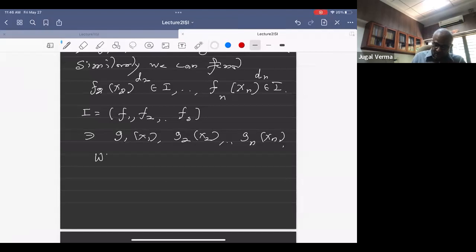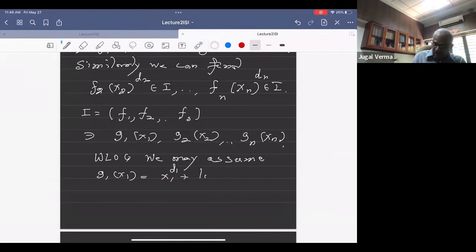So without loss of generality, we may assume these are monic polynomials. g1(x1) looks like x1^d1 plus some lower degree terms.